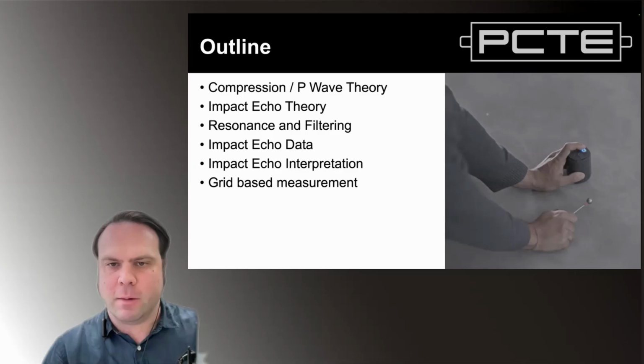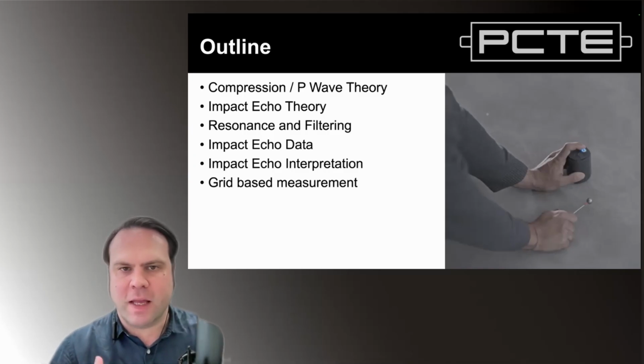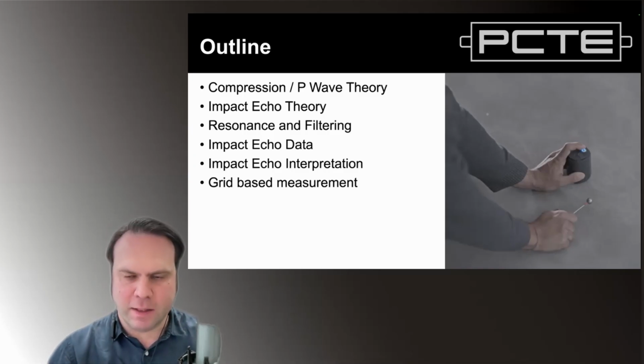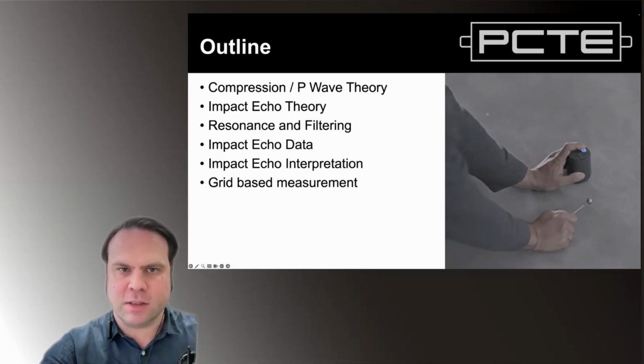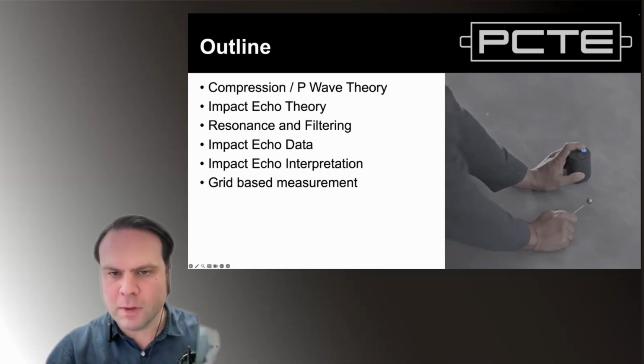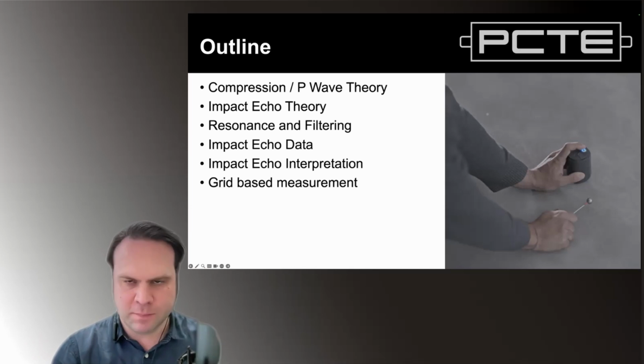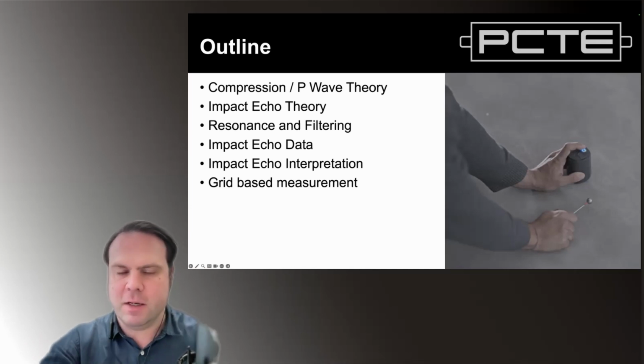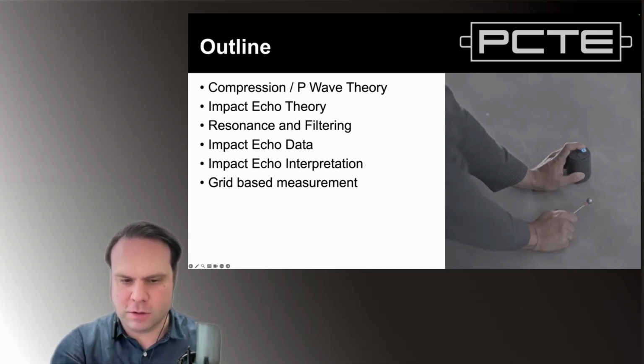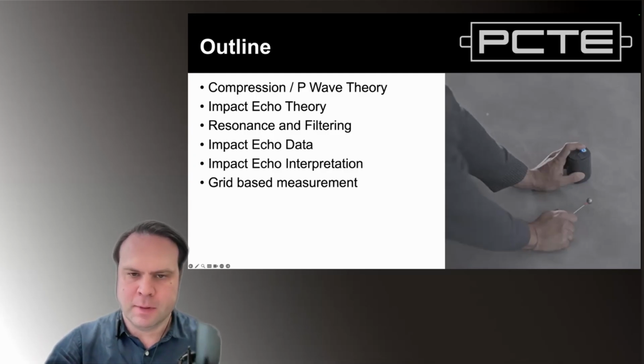And I'll just finish out pointing out how often we don't care about a single point, like you can see in the picture there, where the operator's just testing a spot. We tend to collect impact echo data on a grid or over a large area to compare results over that area. I'll talk about grid collection.